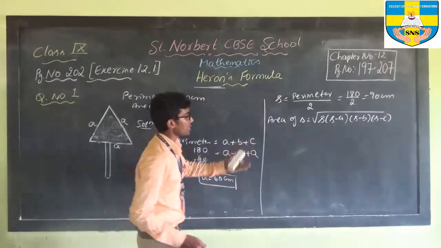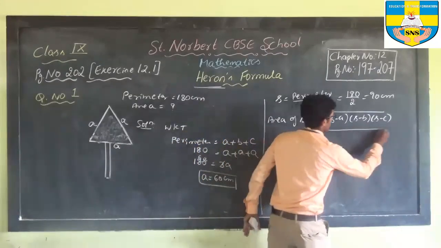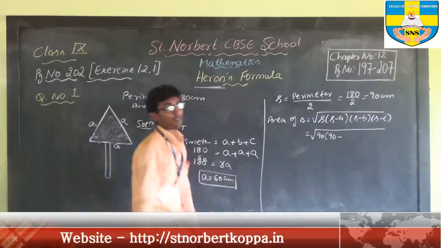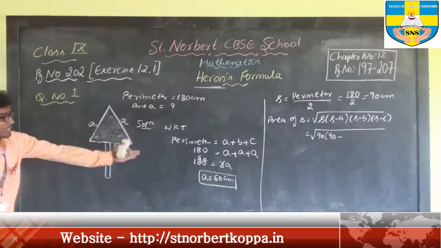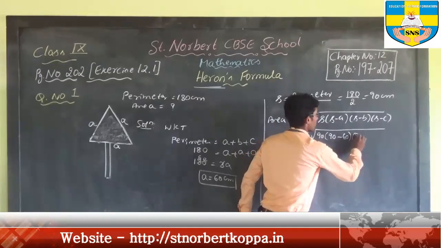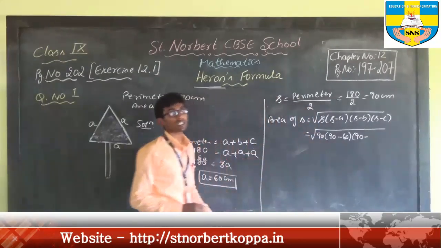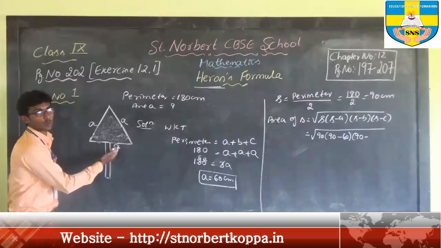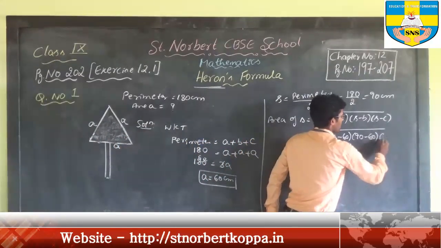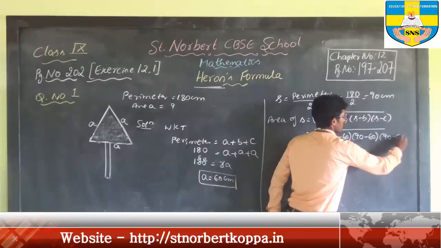Then what is S? S is 90. S minus A, 90 minus A. What is A in this question? Just now it is calculated, that is nothing but 60. Then what is B? Since it is an equilateral triangle, all three sides are equal, B and C are also 60. 90 minus 60, 90 minus 60.